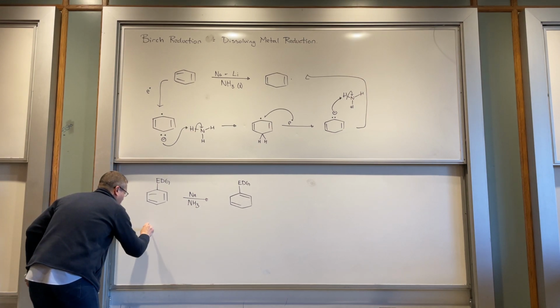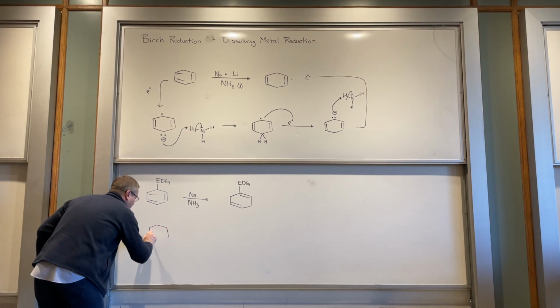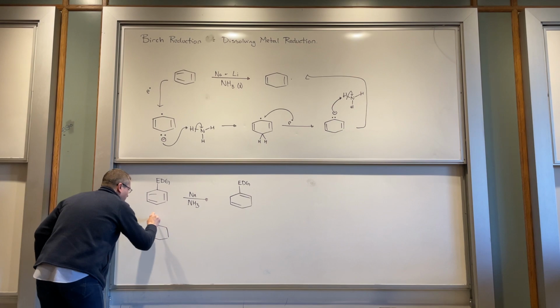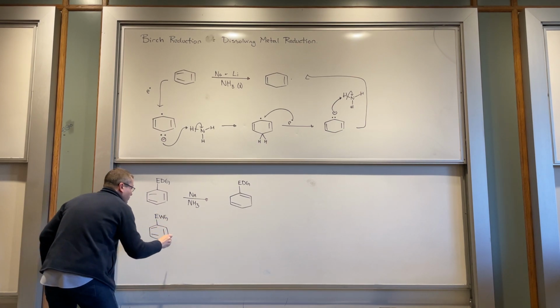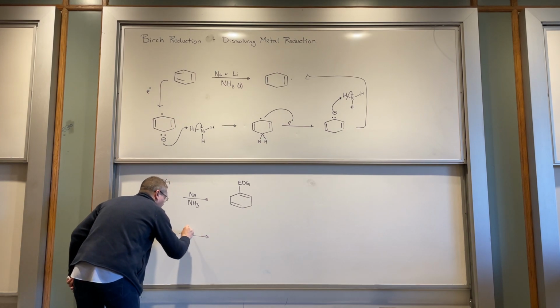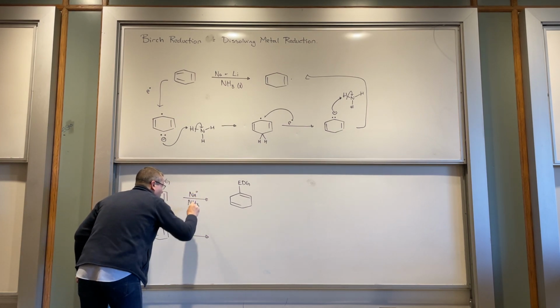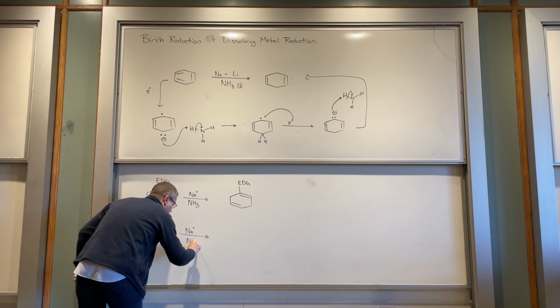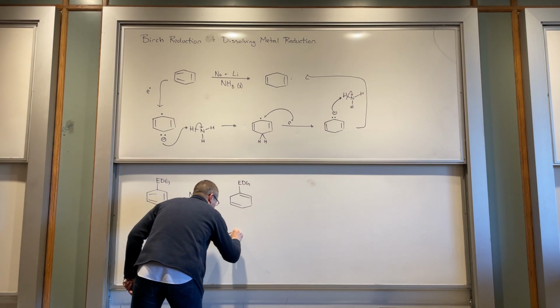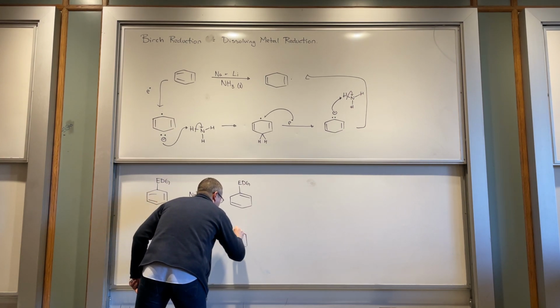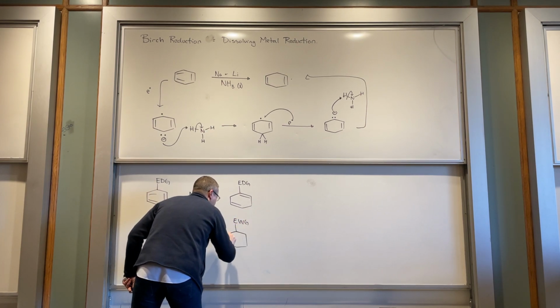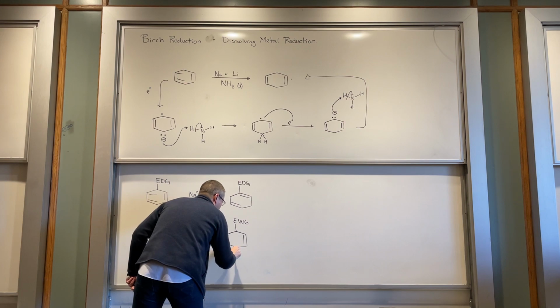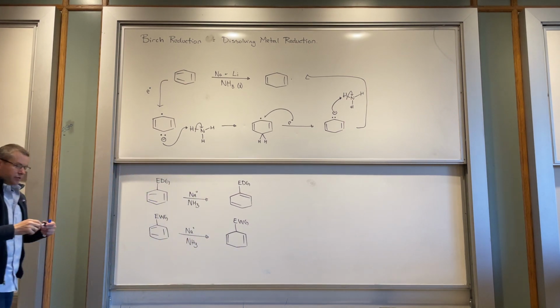For electron withdrawing groups, we're going to get a different product. That will show how those electron withdrawing groups stabilize the ions and radicals that form in this Birch reduction.